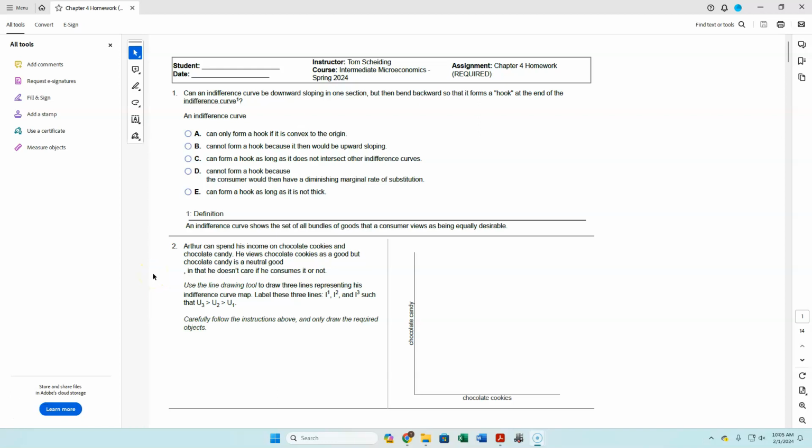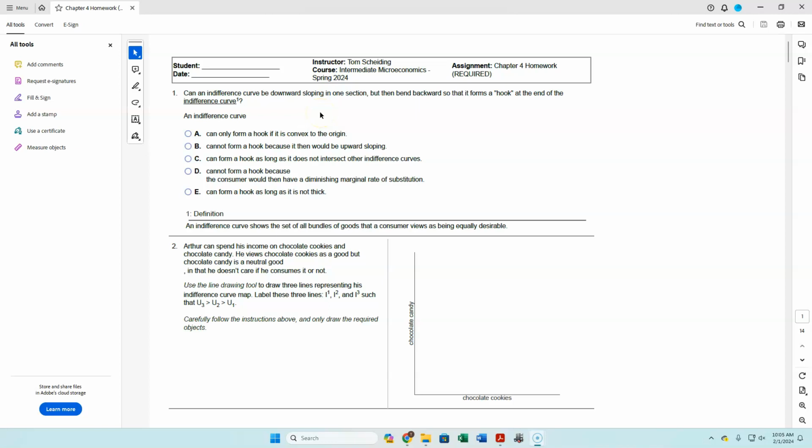Okay, so for chapter 4, we're looking at indifference curves and how those influence consumer choices. In our first question here, we're largely asked a definitional theoretical question.